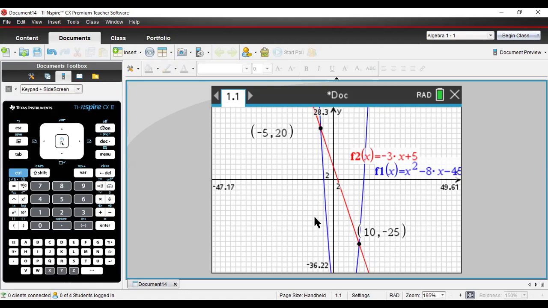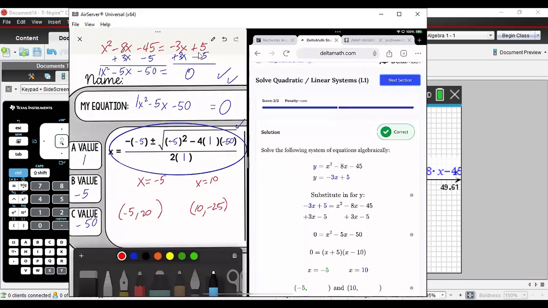Again, if they don't say you have to solve it algebraically, you could go straight to graphing it and just say, I did it graphically. But if they say algebraically, all you're going to do is what we did here. Set the two equations equal to each other. Set it equal to 0 by getting whatever is on the right-hand side over to the left-hand side, and then do the a, b, c, plug them in here, and you're finished. And then let the calculator do the rest of the work.